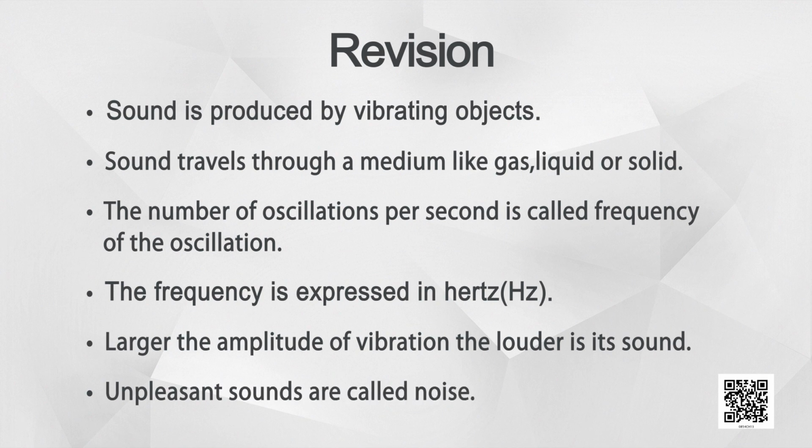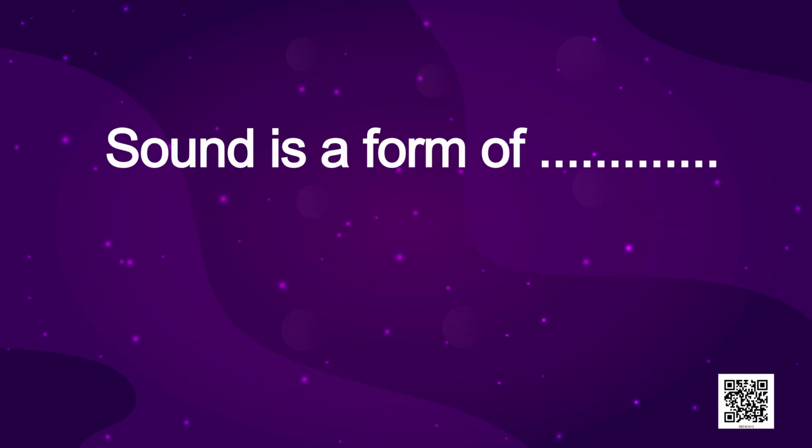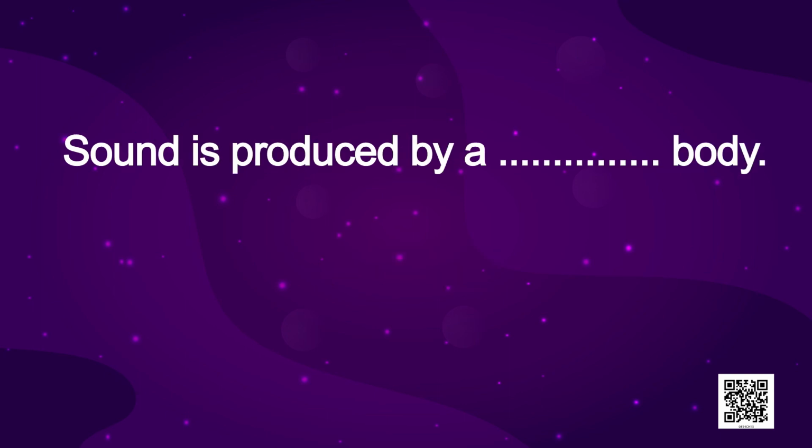Dear children, now let's do some questions and I know that you all know the answers. First question, sound is a form of dash. Yes, sound is a form of energy. Second, sound is produced by a dash body. Which kind of bodies can produce sound?